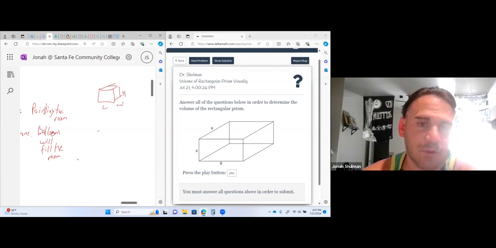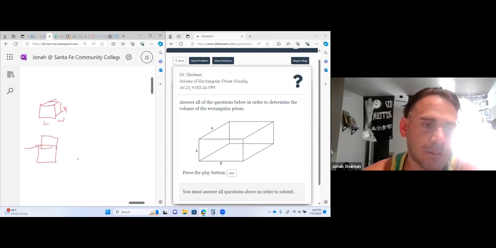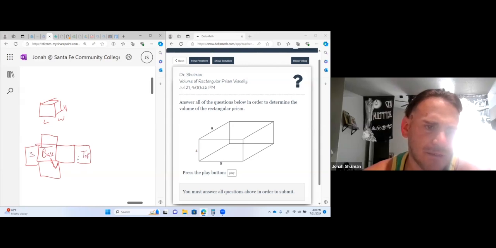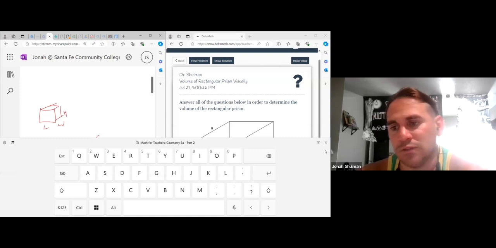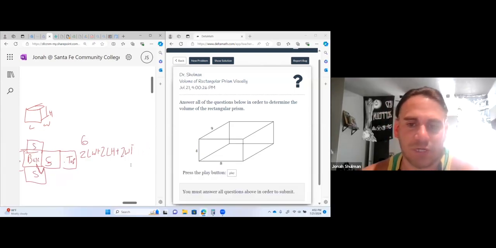But if we actually open this thing up, you're going to see, I also need the top, and the right side. So ready? So there's your base, your bottom. There's your top. This is a side, a side, a side, a side, but you see how there's 6 of them? That's why it's 2 length width plus 2 length height plus 2 width height, and that gives you the surface area. So obviously there's nothing too crazy about this, but let's get into it.